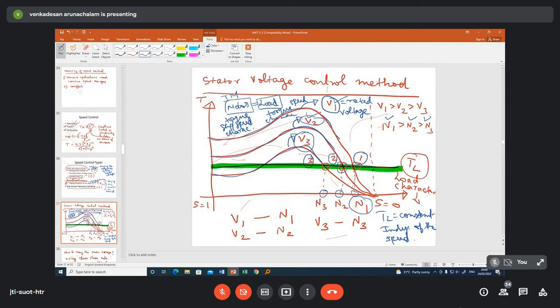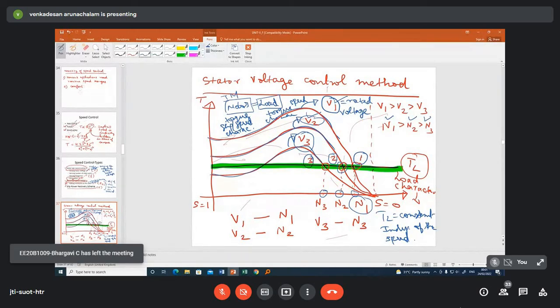This analysis we have already seen in unit 1: the effect of stator voltage variation on the torque slip curve. Why did we study that effect in unit 1? The application is speed control of induction motor.